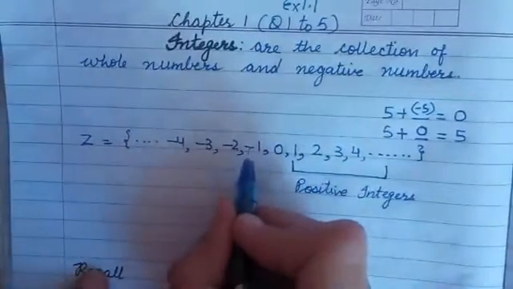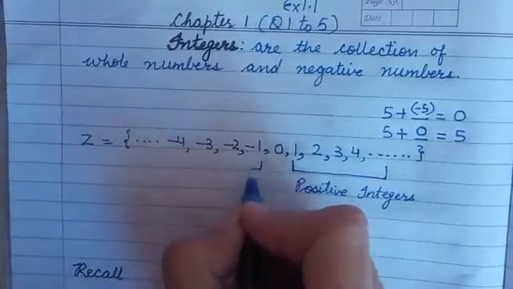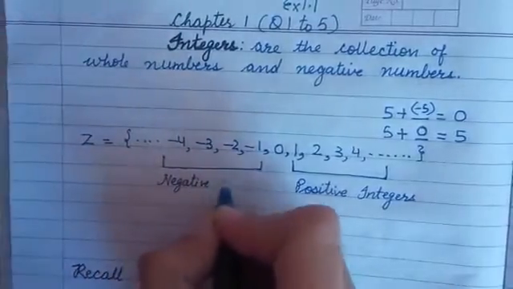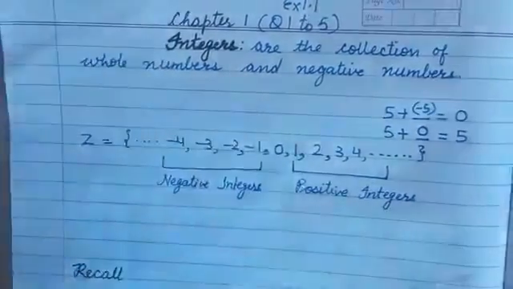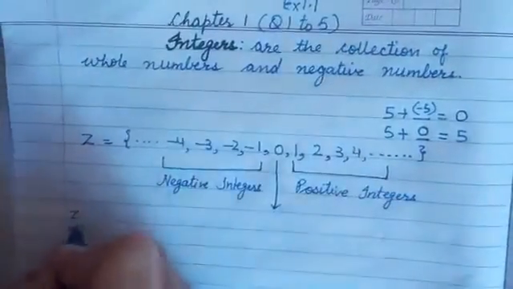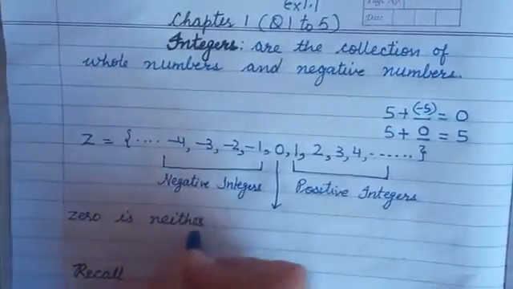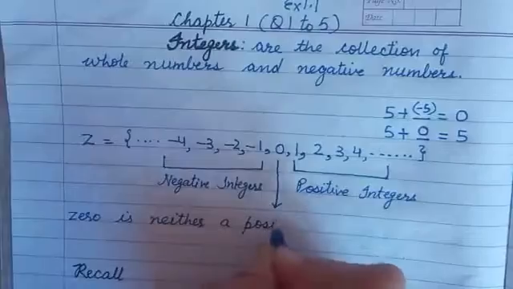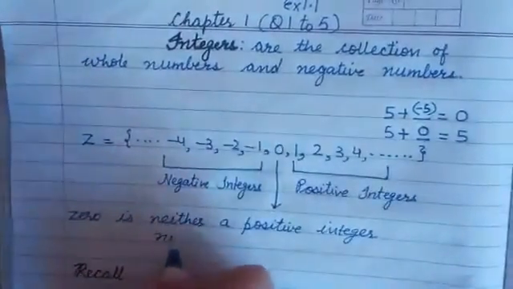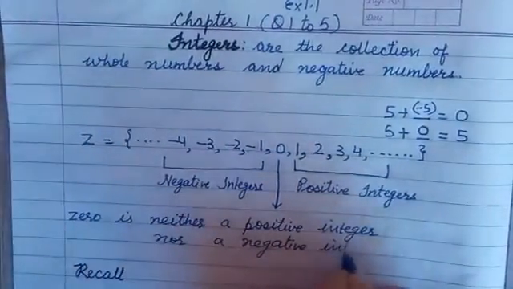Numbers with a minus sign attached to them and less than 0 are called negative integers. 0 is neither a positive integer nor a negative integer.